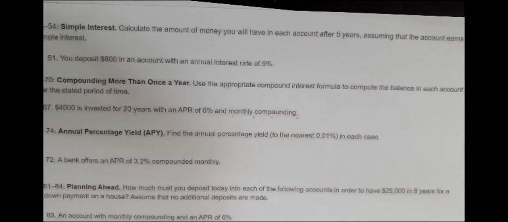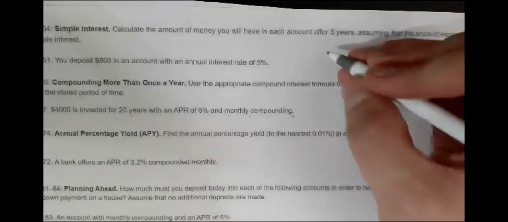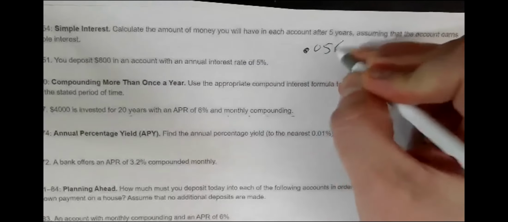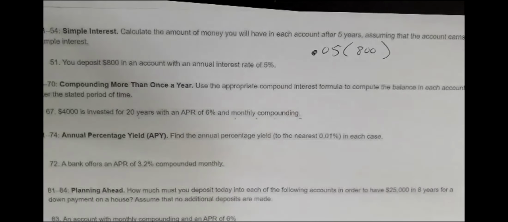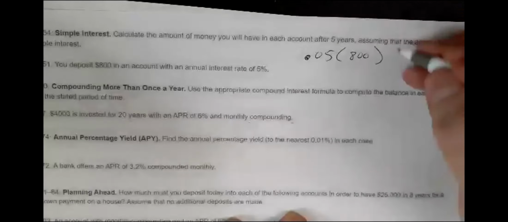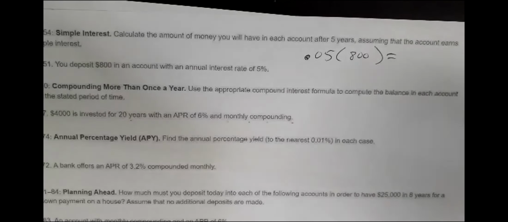Would it be 1,000 after 5 years? I don't know, you did too much work in my brain. So 0.05 times 800. Yes. No, wait, no. We were going to do what, 5%? Yes. You're doing the formula is what you're doing. 5% of 800 will give you what? $40.